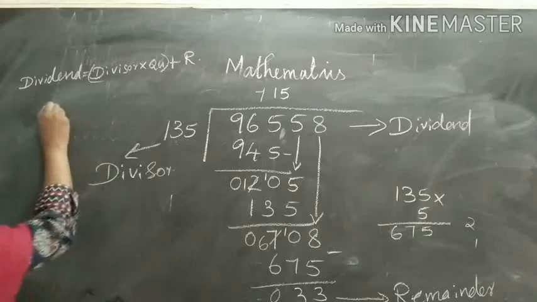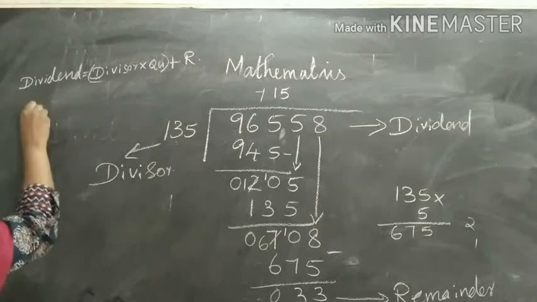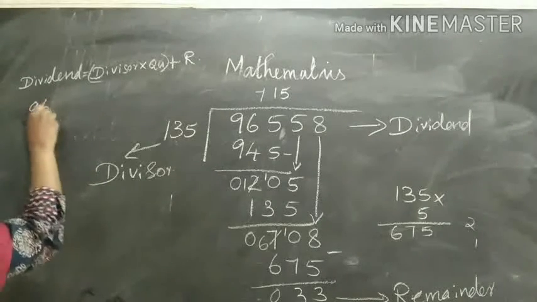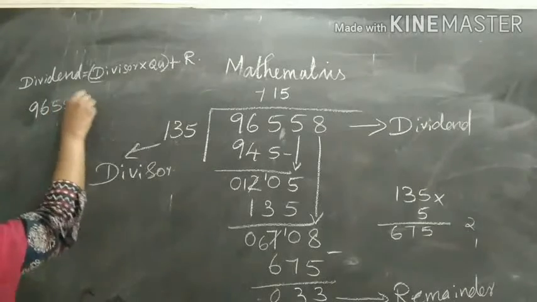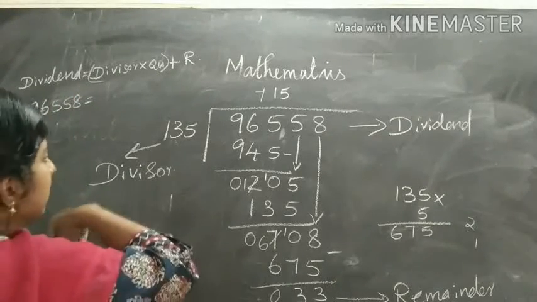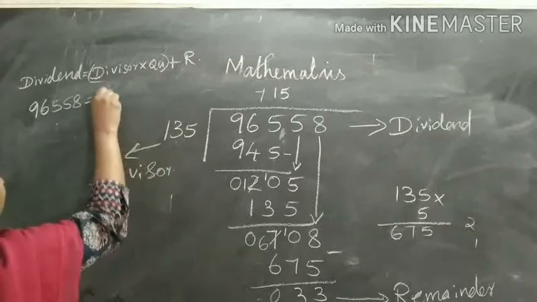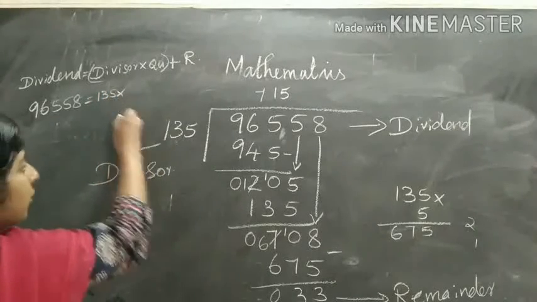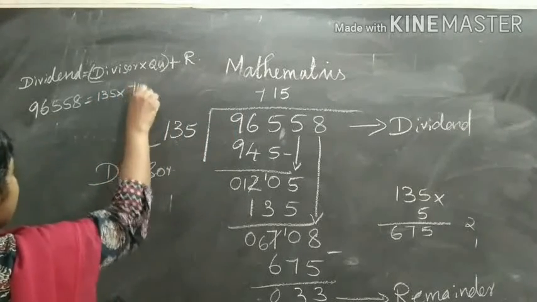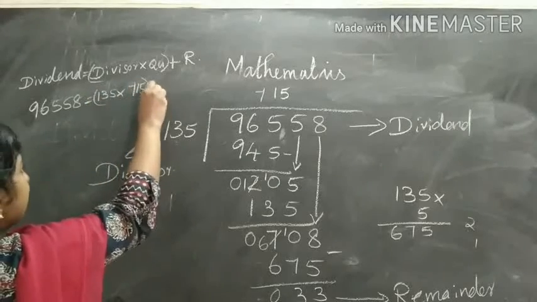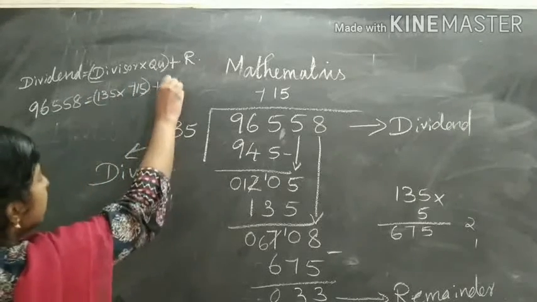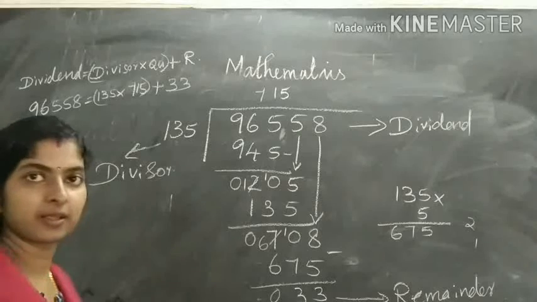You want to check? Now you check. Here, dividend equal to 96,558. Divisor 135 into quotient 715 plus remainder 33.